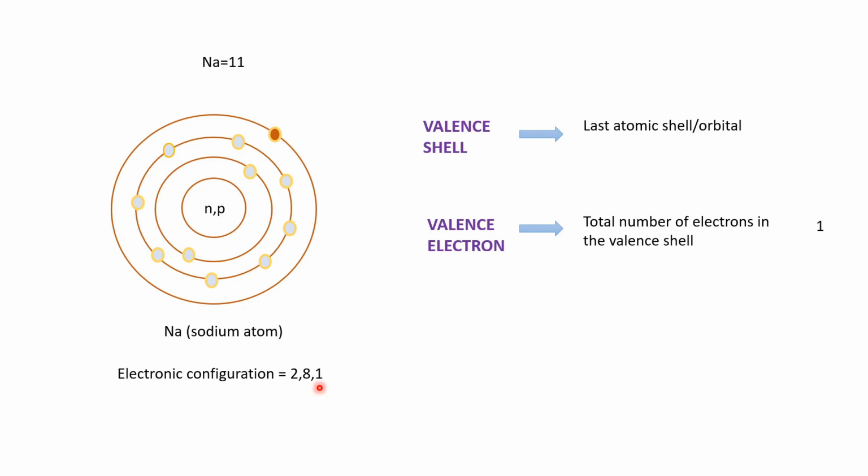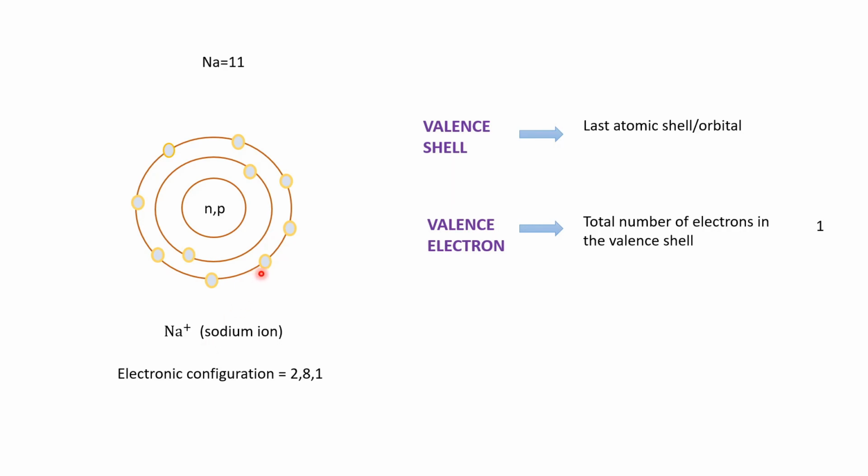So what it does is it gives out this one electron, and because that electron is not there, this shell is useless now. So we will remove this shell also, and now this sodium atom has converted into a sodium ion. In the sodium ion, you can see that a positive charge is there. The positive charge is because electrons were negative in charge.